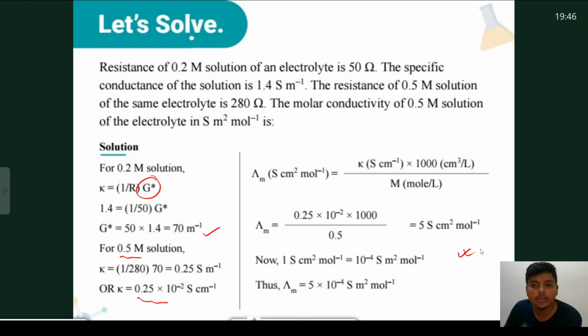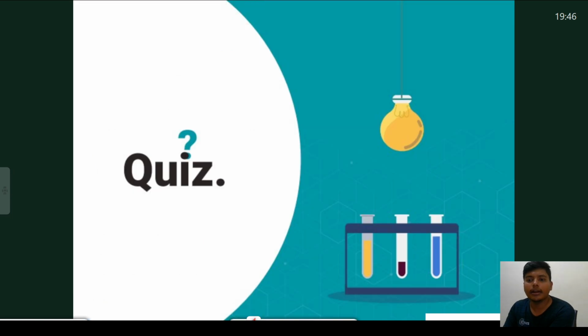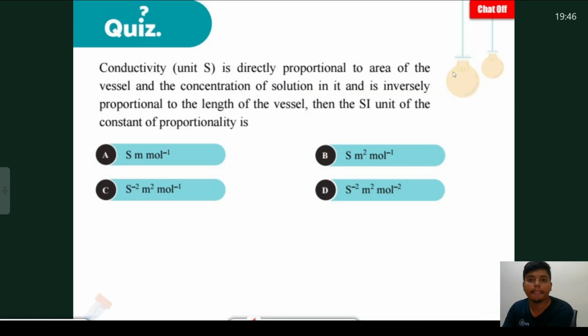That's it. Remember, kappa will change at every concentration. You have to calculate it, and for that you need the G star. So calculate the new kappa value. Clear? Okay. Next.